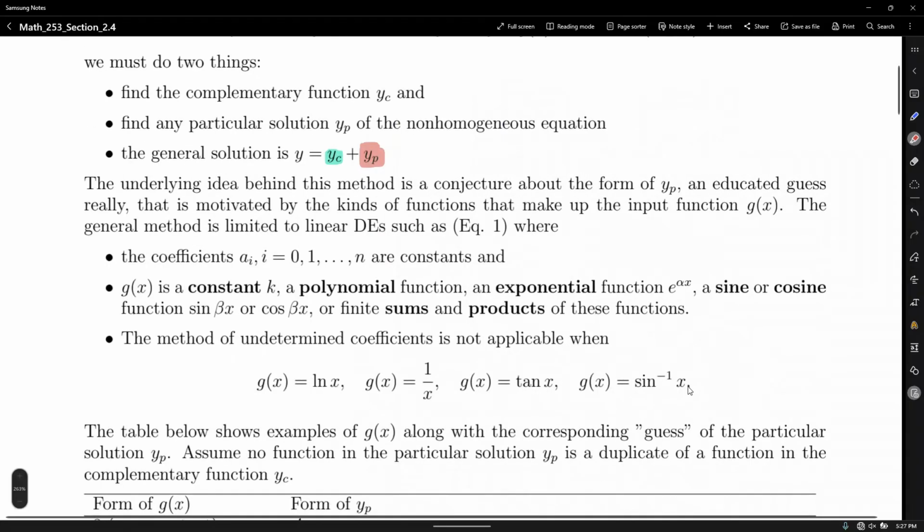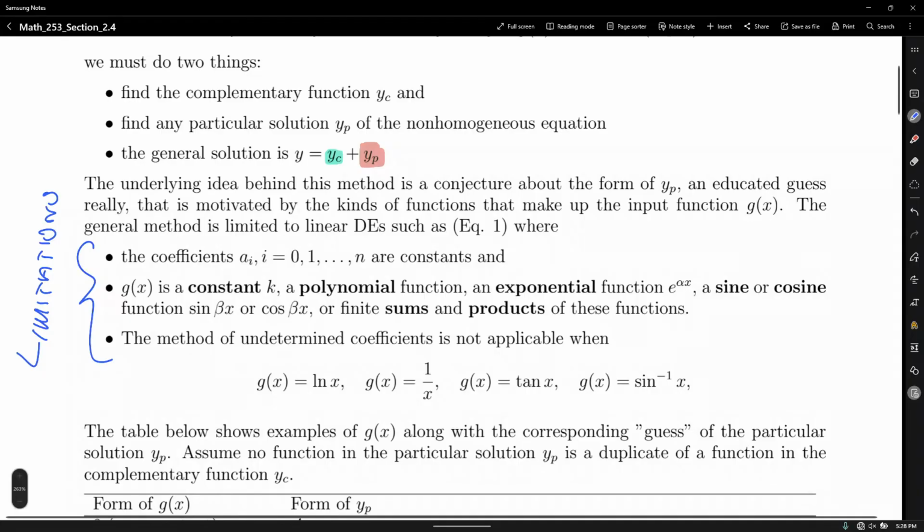Well, number one, these are the limitations. This method has limitations. This method only works for higher order differential equations with constant coefficients only.